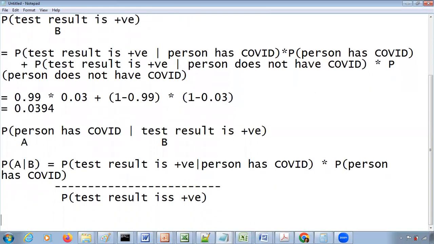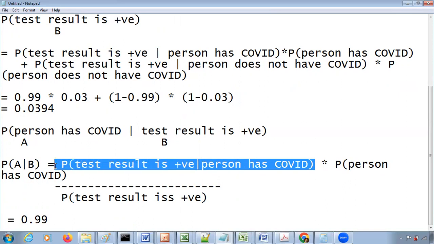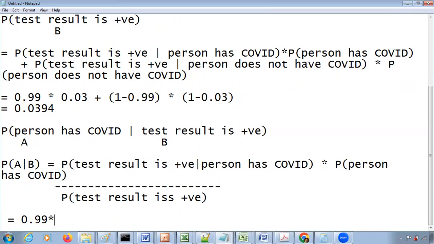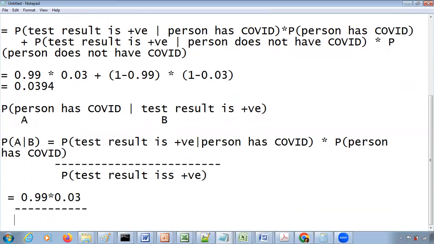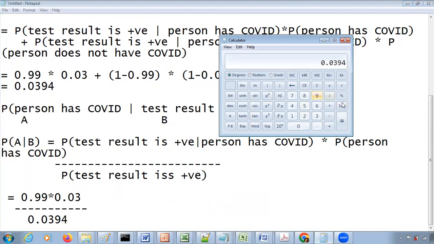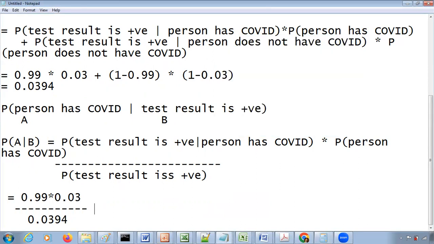So if you plug in all these things, it's going to be 0.99, the accuracy term, the probability that if someone has COVID the test result is positive, times the probability someone has COVID, 0.03. The whole thing is divided by the probability the test result is positive, which is 0.0394. If you do the math, it's 0.7538.